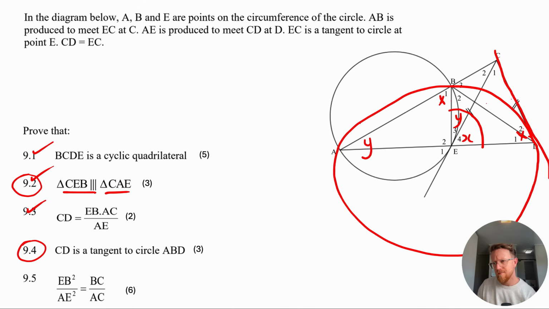Now if you have a tangent and you have a chord, then the angle that is trapped between the tangent and the chord, which is this one over here, which is D2, that must be the same as if you take that chord.